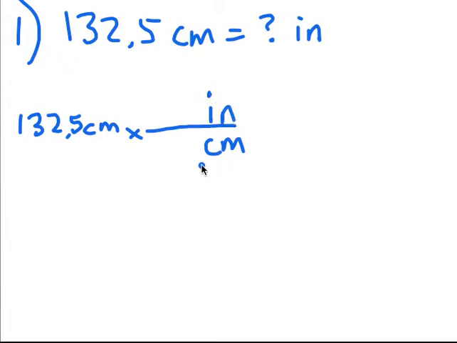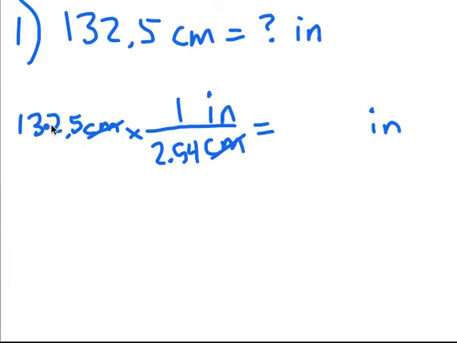Now the conversion between centimeters and inches is that 1 inch equals 2.54 centimeters. By doing that, the unit centimeters will cross out because we have it on the top and the bottom, and we'll be left with inches, which is good because that's what we're trying to find.